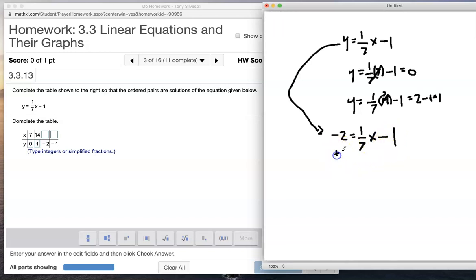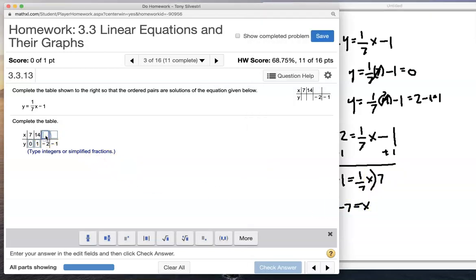So if I do plus 1, I get -1 equals 1/7 x. Now I've got to multiply both sides by 7 because x is being divided by 7. I get -7 equals x. That'll be -7 up here.